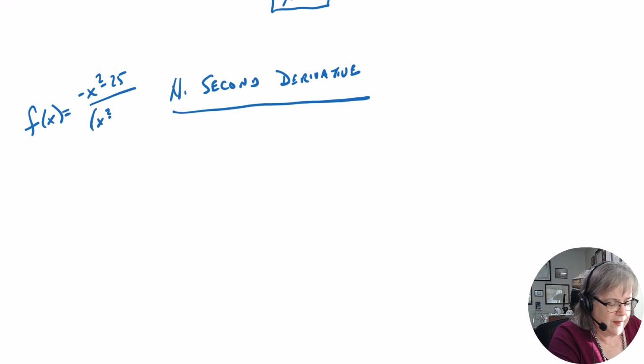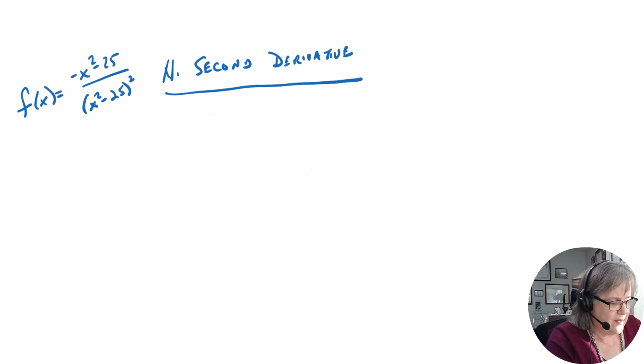I'm going to put it back in. The nice thing about math is you're not stuck with a particular format. So if you like a different format version for the ease of use, change it back. All right.